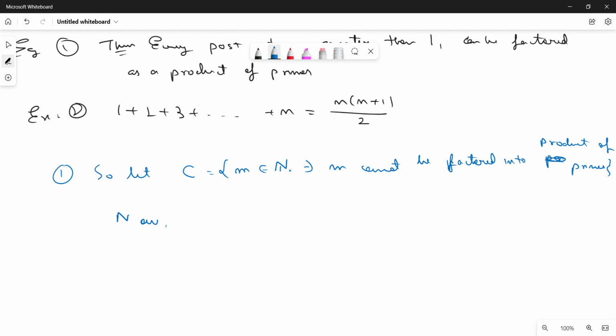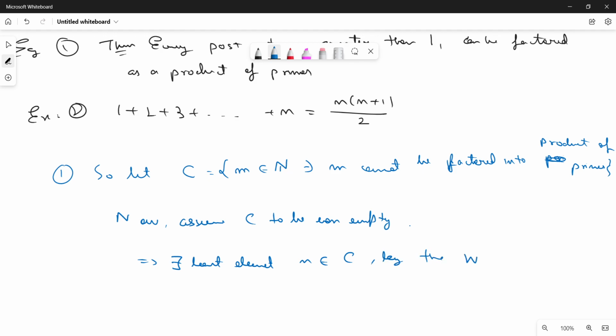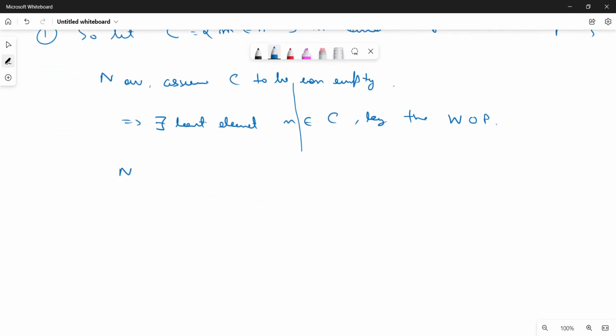Now, this C must have a least element because we assume C to be non-empty. If C is non-empty, there exists a least element n in C by the well ordering principle.